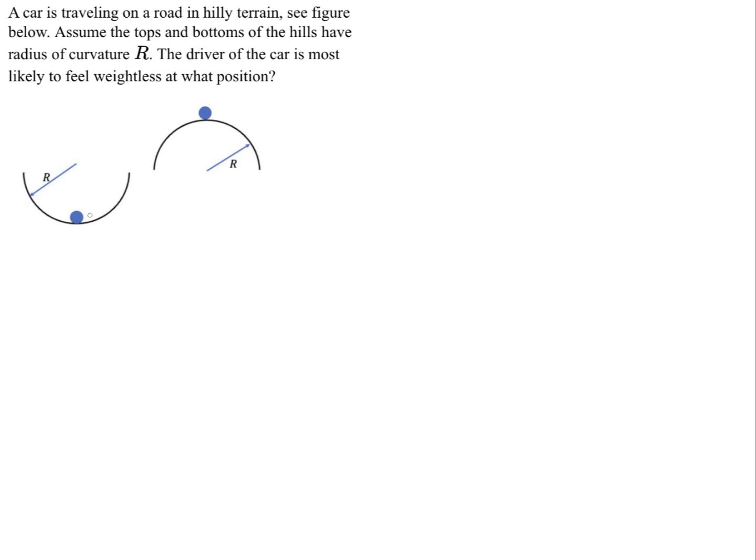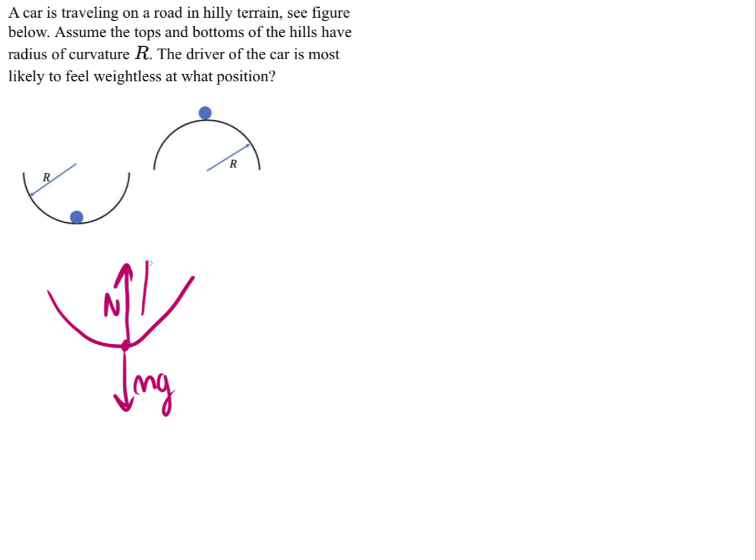So let's start with the first case here, where the driver is at the bottom of the hill. I'm going to quickly draw a free body diagram. Pointing up, we have the normal force, and pulling it back down, we have the force of gravity. And since the hill is kind of like a circle, or a semicircle, the driver is going to be undergoing circular motion.